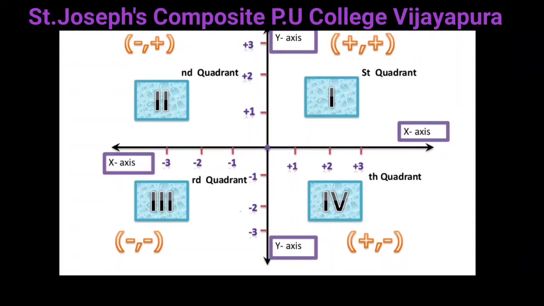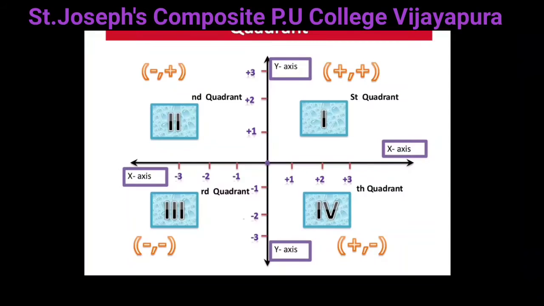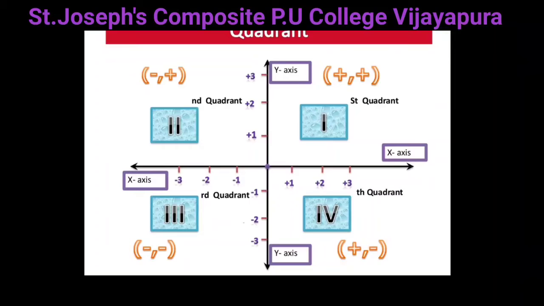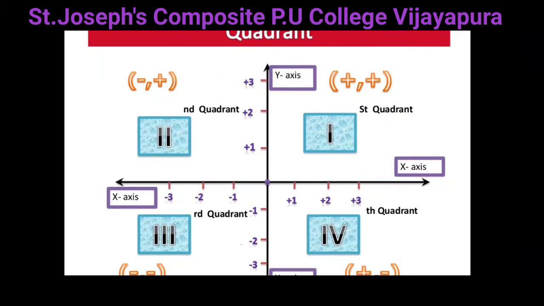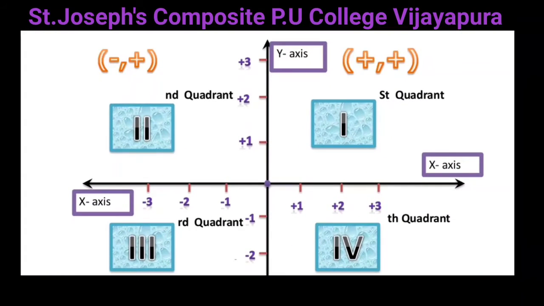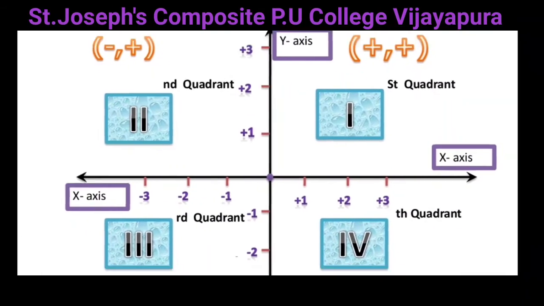See the sign of the first quadrant, where x is positive and y is positive. That is, the values of x are positive and y is also positive. So the sign of the first quadrant is plus plus. In the second quadrant, the x values are negative because it is left of the origin, so the sign of x is minus, but y is positive, so the sign of the second quadrant will be minus plus.